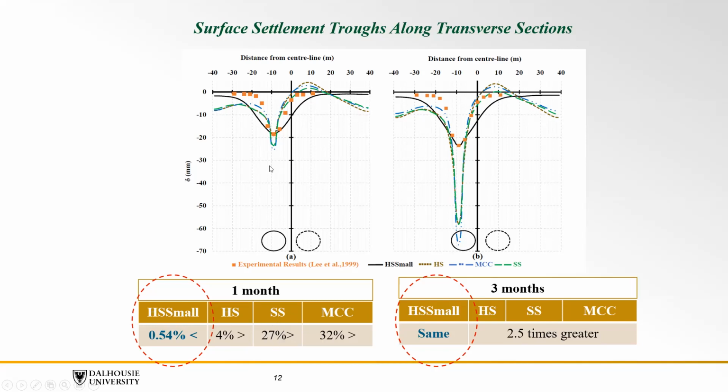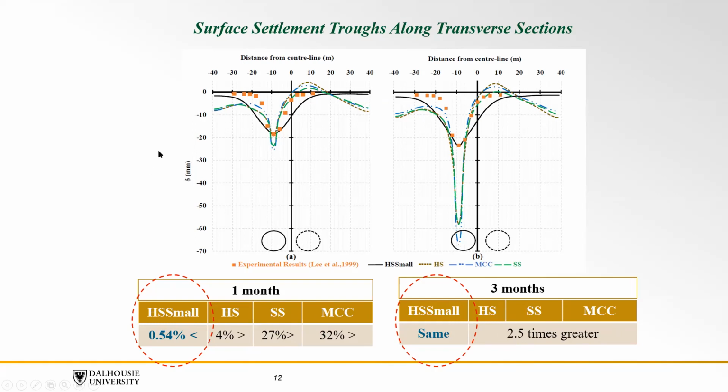For the soft soil, it was 27%, and for the modified Cam clay, it was 32%. Actually, in the 3 months, things get much worse for the other ones. So from here, we can say that the hardening soil model with small strain outperformed the rest and was the best.